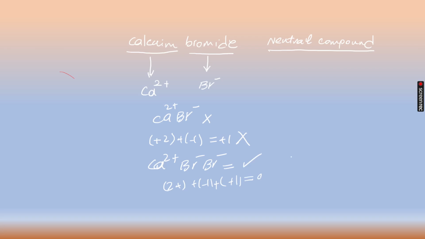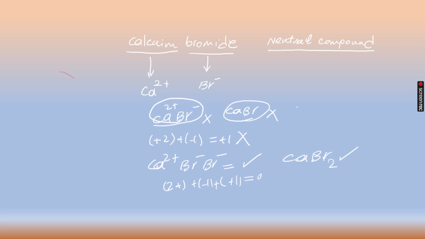So calcium bromide should be CaBr2. That's why we need 2 bromine in this compound. If you wrote CaBr, it's wrong. It's not in nature. It's not true, but CaBr2 is true.